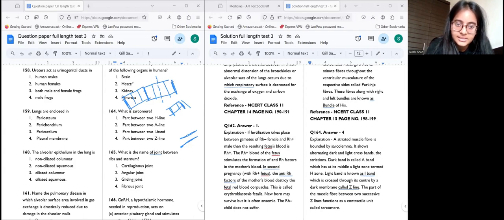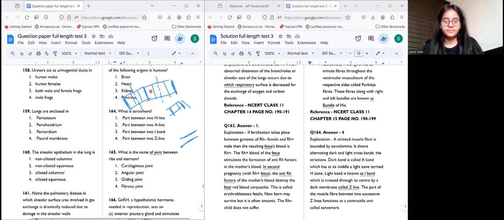Each I band is divided in the center by a line that is the Z line. The part that is between two Z lines, that is basically this part. Okay, the part between two Z lines is known as the sarcomere. Okay. So moving to the next question.